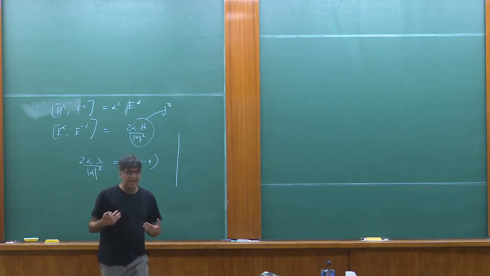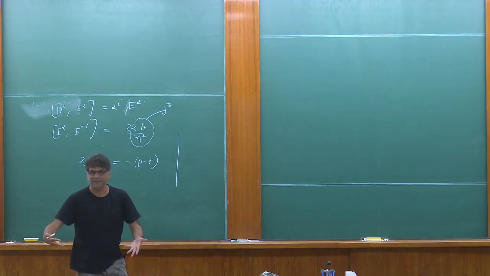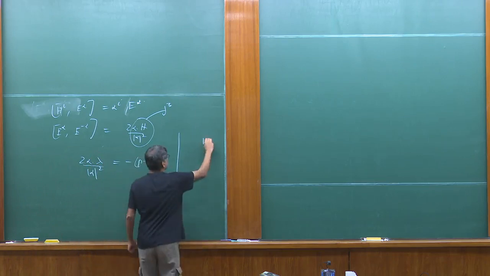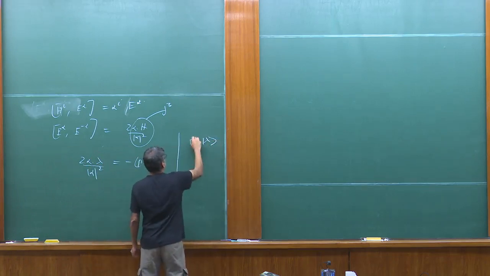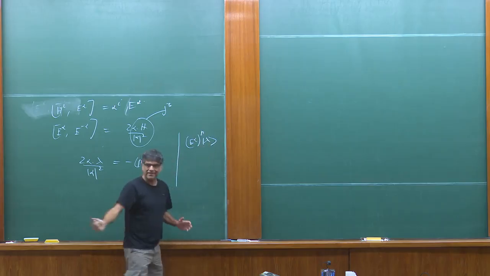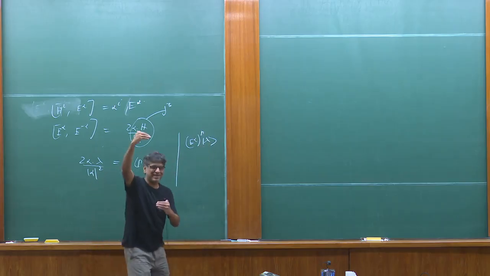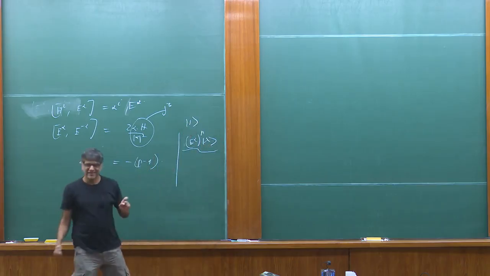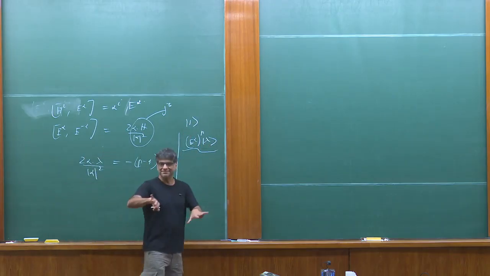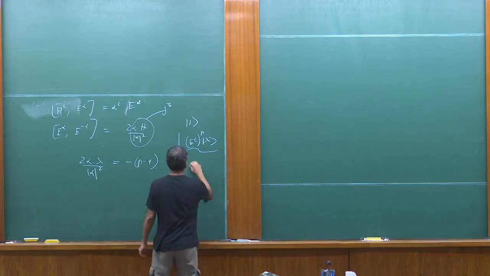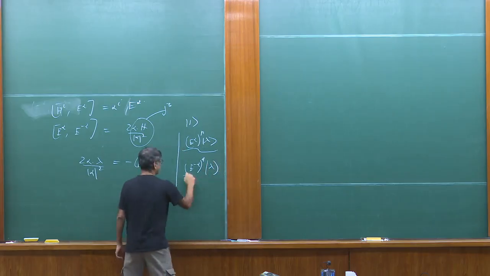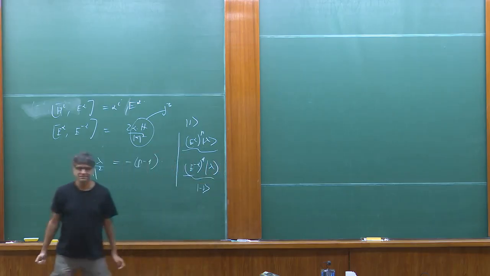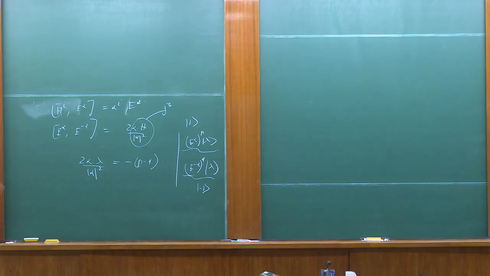P was how many times you had to act with E plus alpha. Suppose you had the weight lambda and you acted with E alpha P times, you got the SU2 highest weight state, J. And Q was the number of times you had to lower to get to the SU2 weight minus J. So E minus alpha acting Q times on lambda gives you the SU2 weight minus J. With these definitions we got this relation.